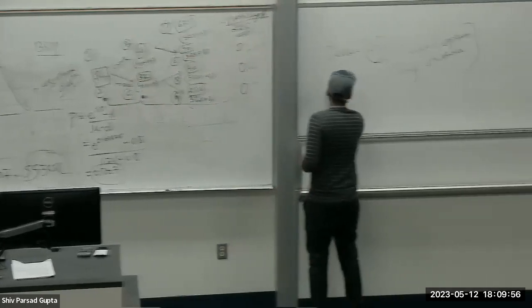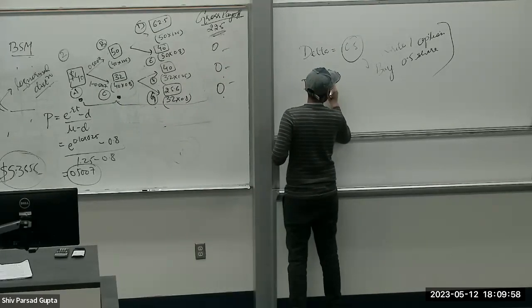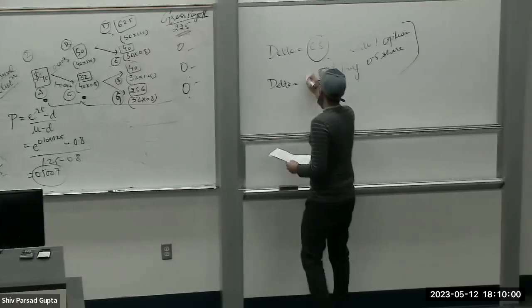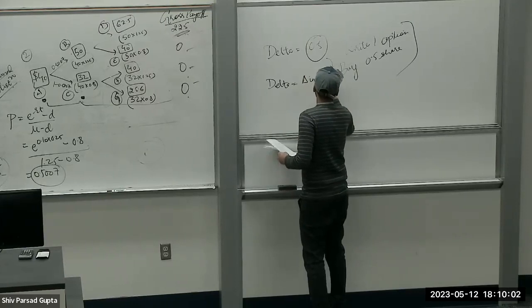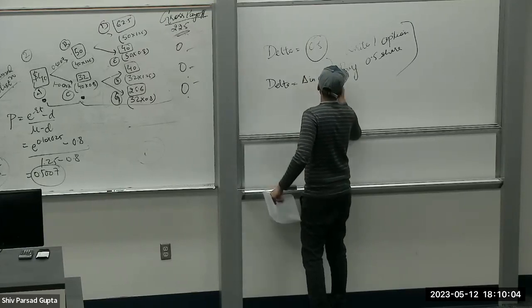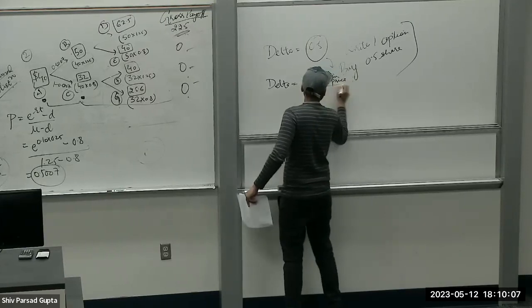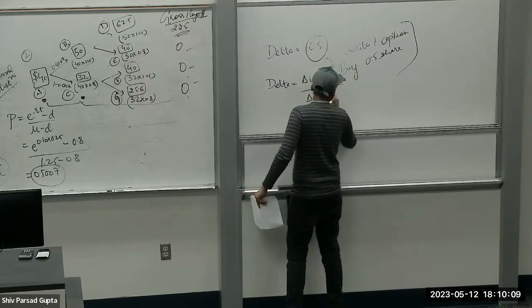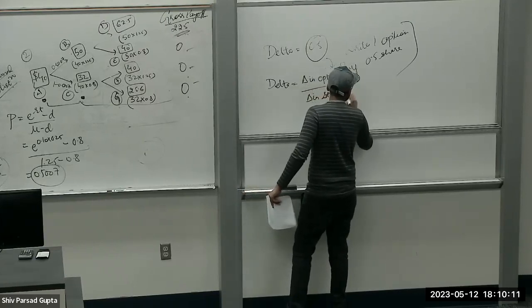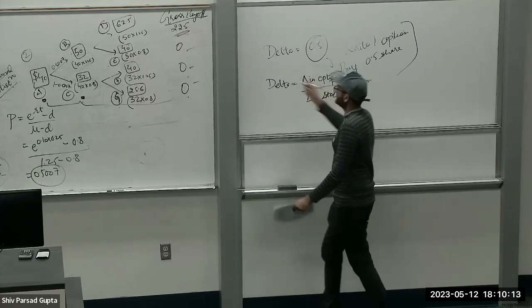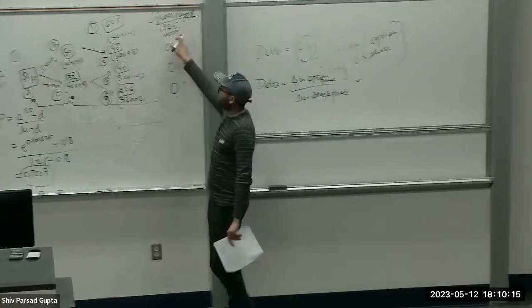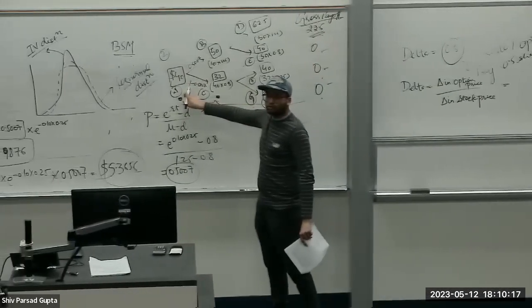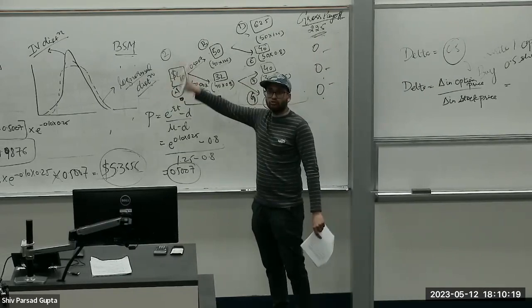And what delta indicates is the change in option price with respect to the change in stock price. What is the change in the option price? It's 22.5 over here, and it is 0 over here because K is equal to 40.